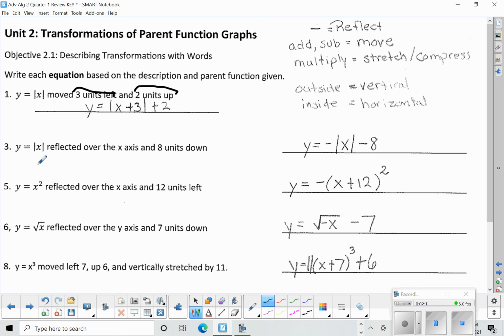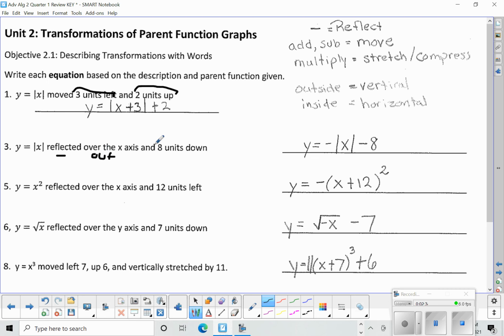The next one, y equals absolute value of x. This is my parent function. This is the absolute value function. This is going to be reflected, so I know I'm going to need a negative over the x-axis. That's going to flip it upside down. So that's going to tell me that it's going to be outside. And 8 units down. Again, that's an up-down.